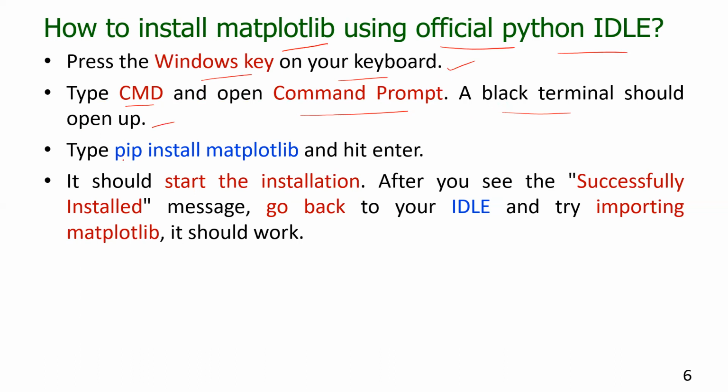There you can type pip install matplotlib and then press enter. Then it should start the installation. After you see the successful install message, go back to our Python IDLE and try importing matplotlib. Then it should work. This is the simple, straightforward installation process.